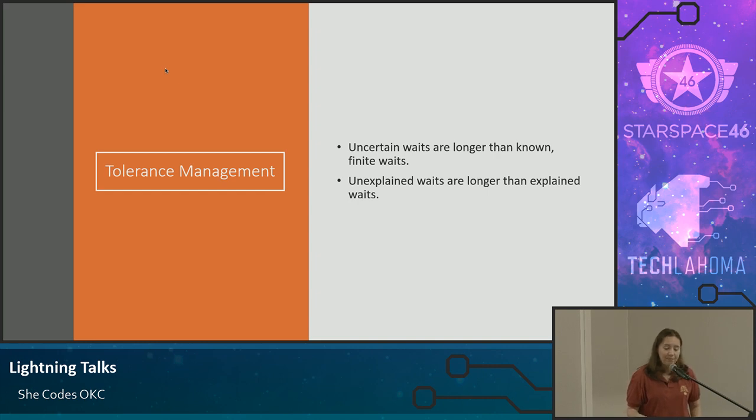Not only do people not like to wait as far as passive waiting, they get more upset about waiting if they're uncertain how long that wait is going to be, and also if there's an unexplained wait. If they don't understand why there's a wait, then that can also make people angry.